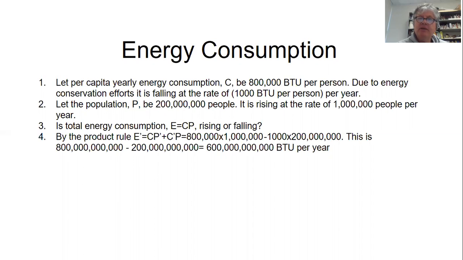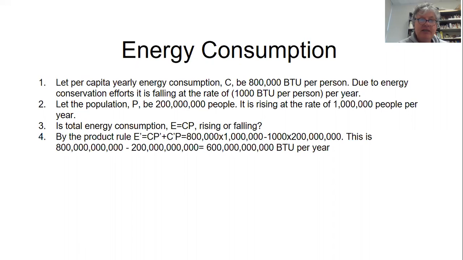And so the effect on overall energy consumption is you've got energy per person going down, but the number of people going up. So is the total energy consumption rising or falling? Well, since it's a product, we can use the product rule and we can figure that out. So by the product rule, the derivative of energy is consumption times the derivative of population plus the derivative of consumption times population. And so we plug in the numbers that we're given there.